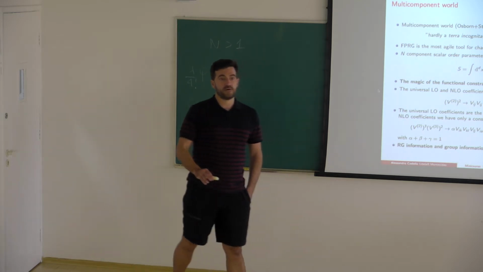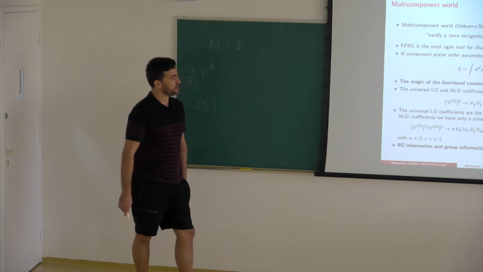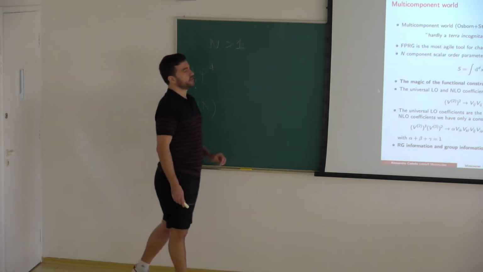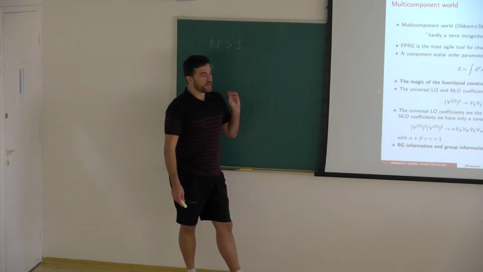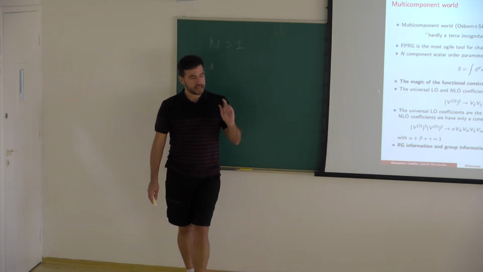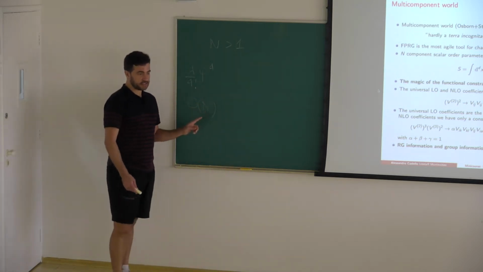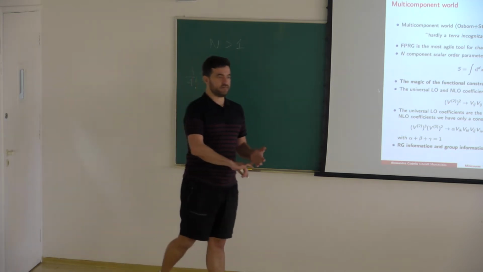That's all wasted time, because the beauty, and actually I think this is the single most valuable thing that this approach brings, is that now when you want to work in the multi-component case, the table of universality classes basically gets promoted with basically no effort.